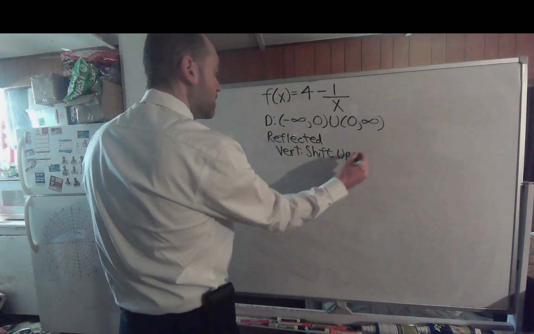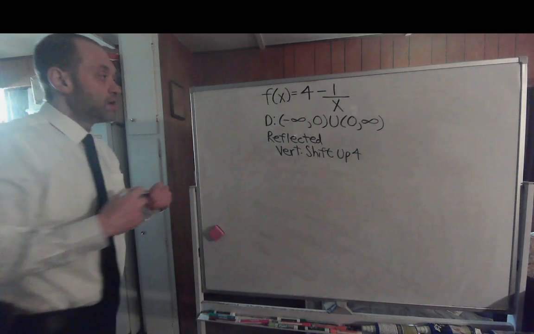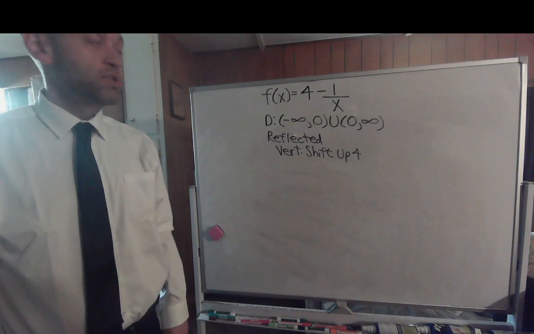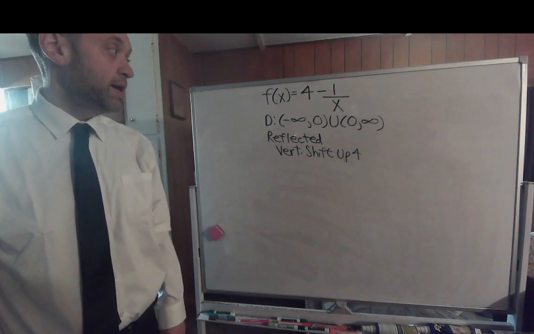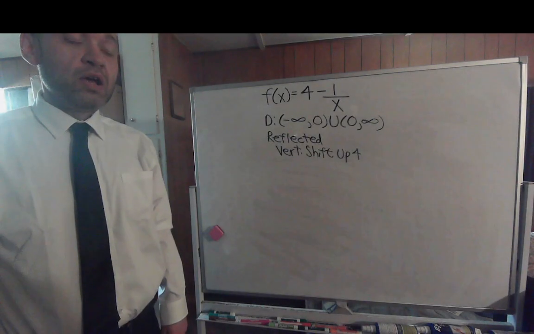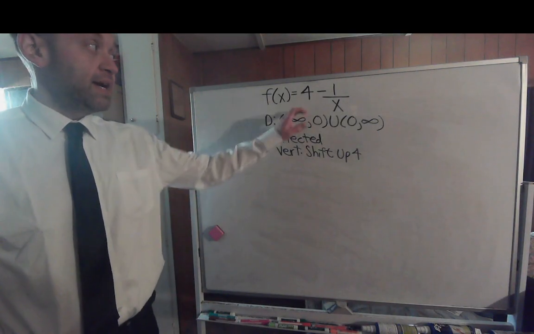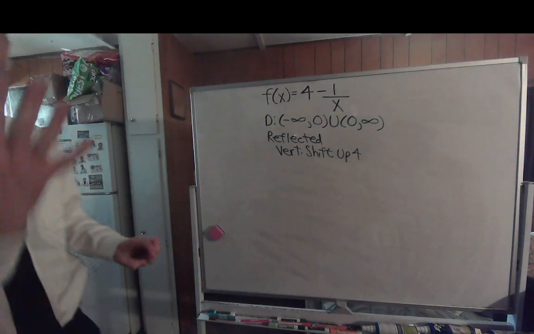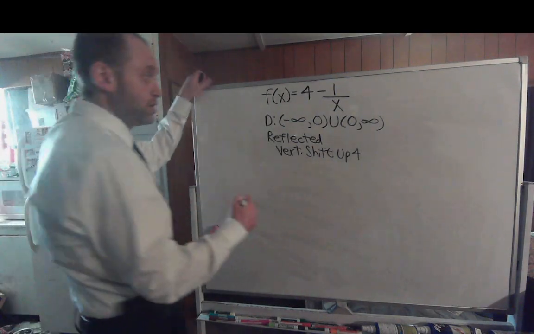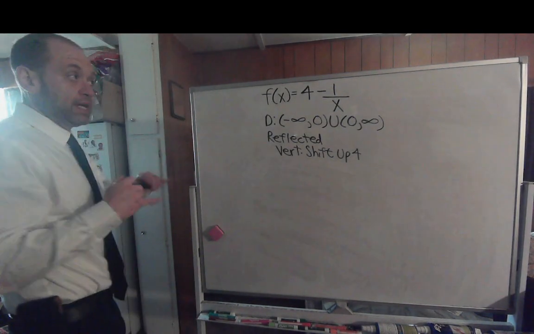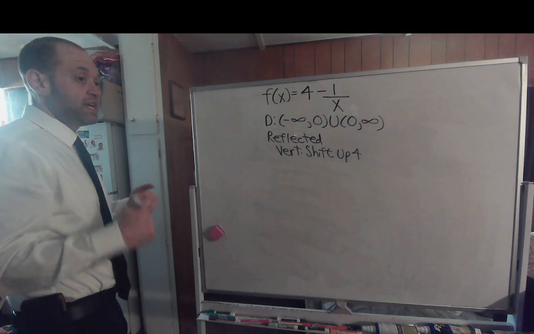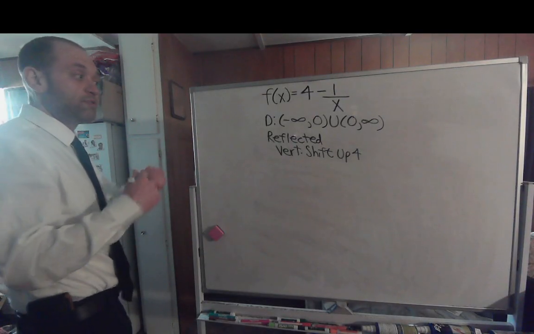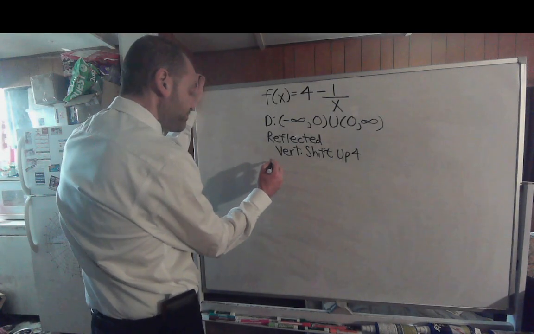up 4. Well, the normal negative 1 over x, you would have a horizontal asymptote at y equals 0, right? But you're adding 4. Whenever you do a vertical shift, that actually shifts your horizontal asymptote as well. Which means that you're going to get infinitely closer and closer to y equals 4, but you're never actually going to reach it.